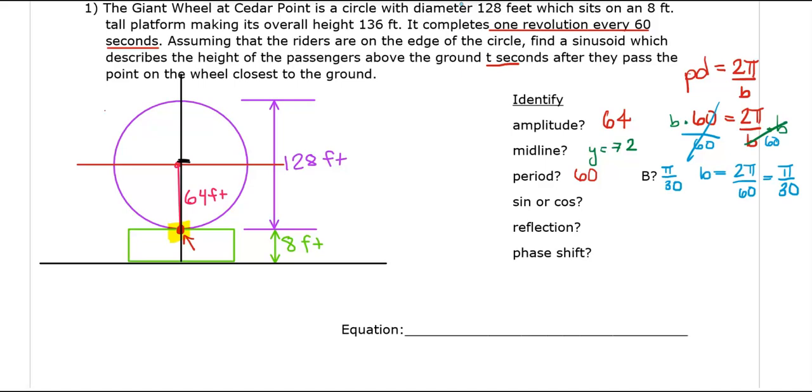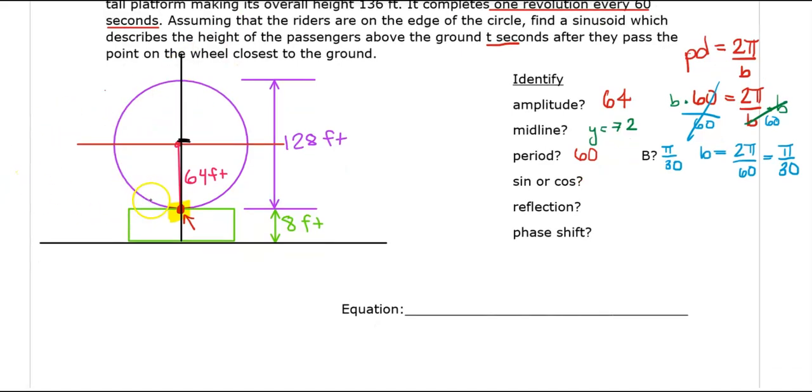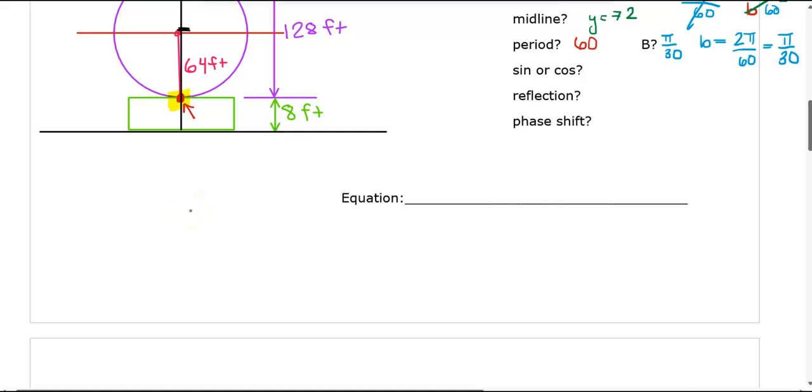So here's what I'm going to suggest: let's unravel the Ferris wheel, if you will. I'm going to draw a little horizontal line here, and give myself my little y-axis.